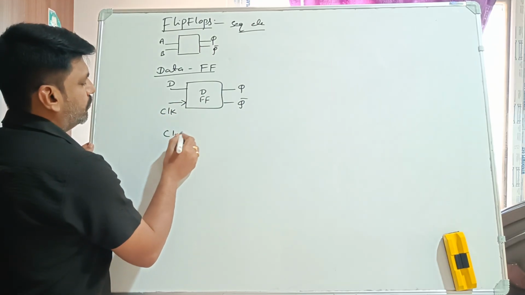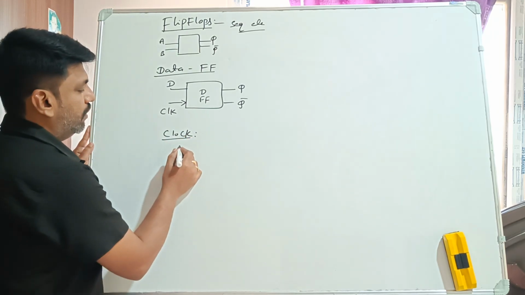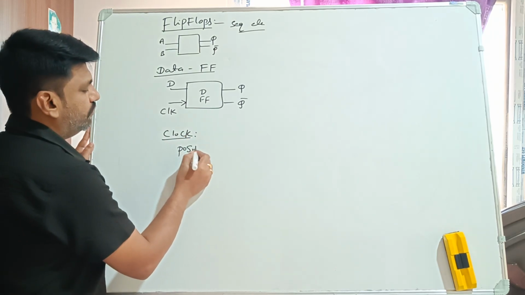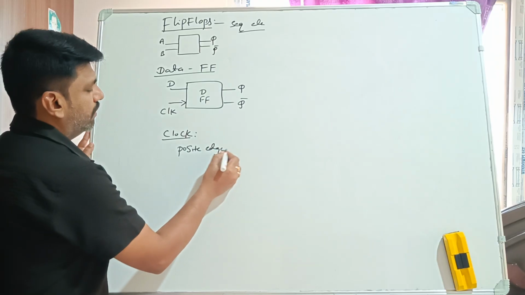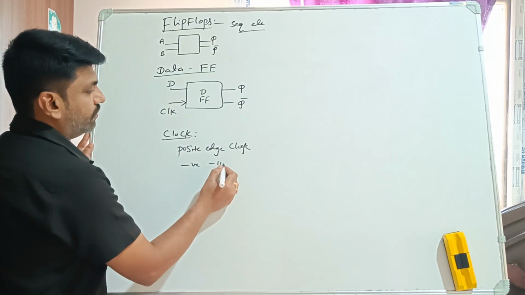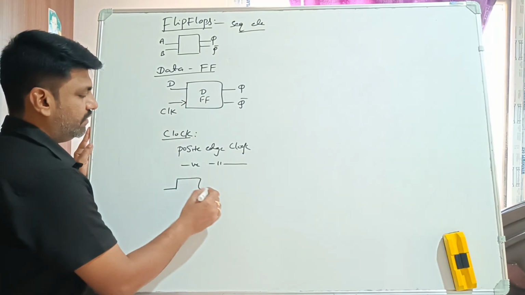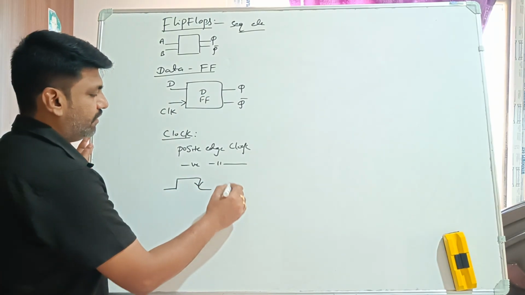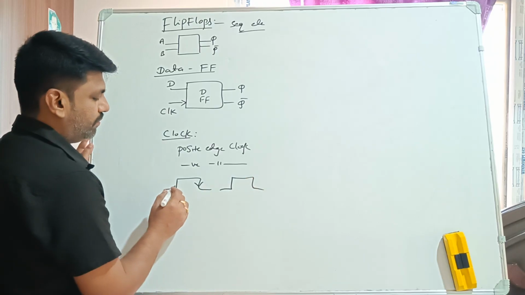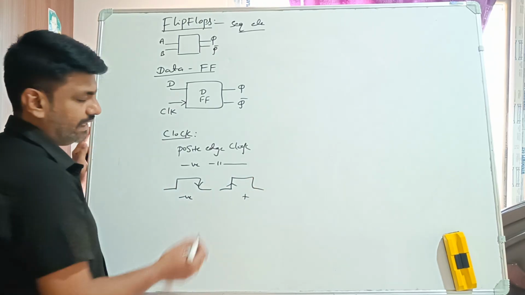When we are speaking about this clock, it has two types: one is positive edge clock, if it is edge triggering, and negative edge clock, right? If it is positive edge, it is like this. If it is negative edge, it is like this, right?